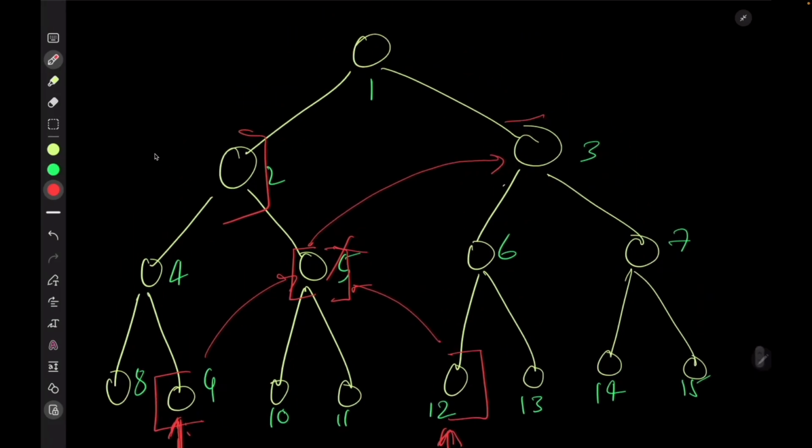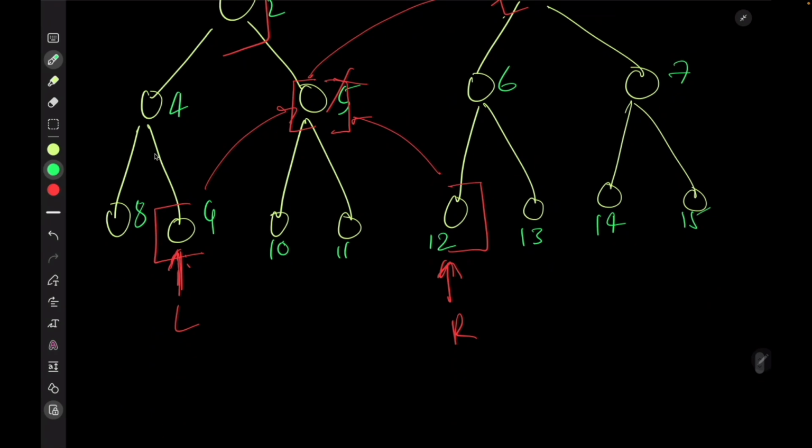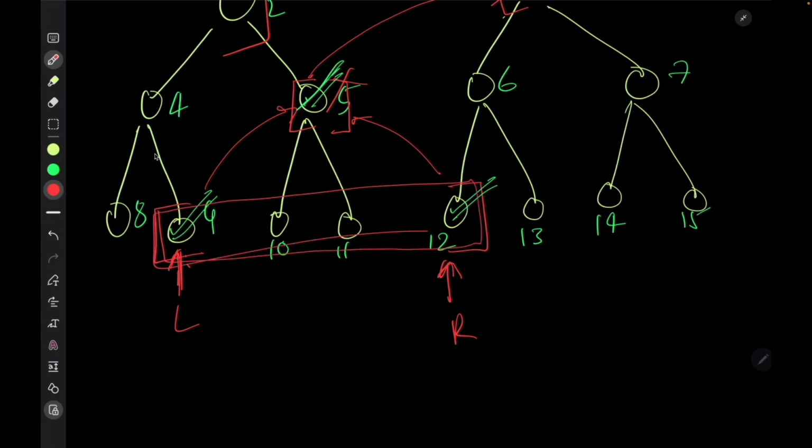Now again L is greater than R, so our program would have stopped. L would have taken the value of this 9 and this 5, and R would have taken the minimum of 12. So in this scenario also, we took the minimum of all the elements in the range 9 to 12.